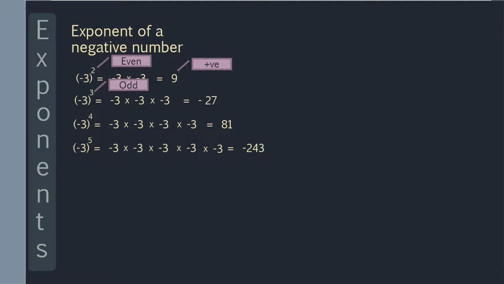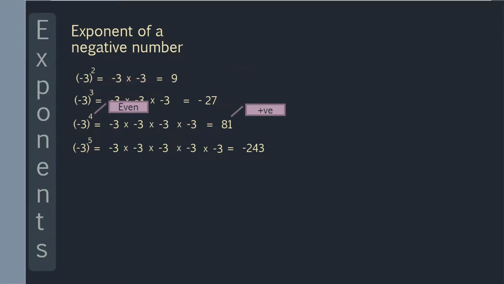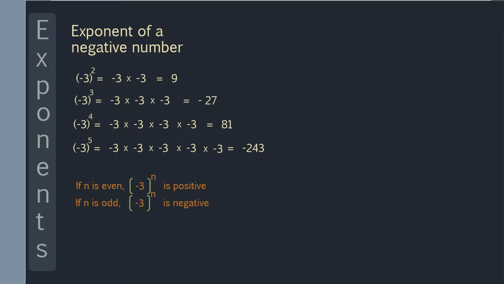Also, all the odd powers of negative 3 give negative results. Example, negative 3 raised to 3, which is negative 27, and negative 3 raised to 5, which is negative 243. So we come to the conclusion that if n is even, negative 3 raised to n is positive, and if n is odd, negative 3 raised to n is negative.